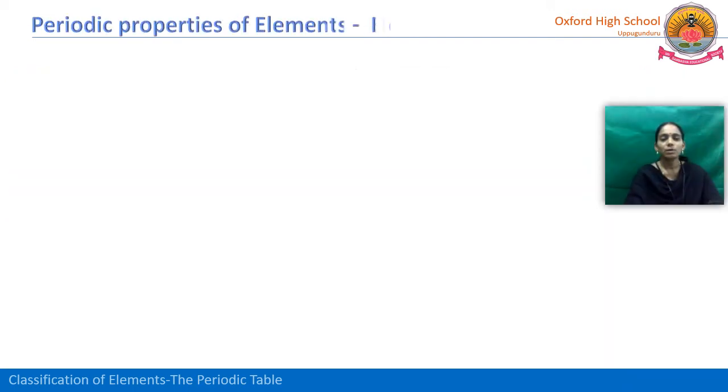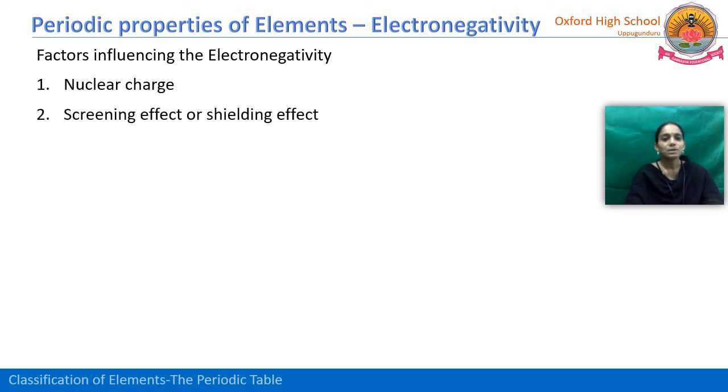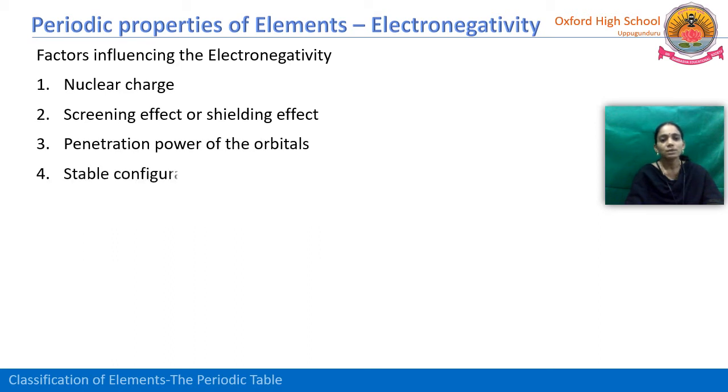Let us see what factors influence the electronegativity. We have studied that a few factors affect ionization energy and electron affinity. The same factors affect the electronegativity: nuclear charge, screening effect or shielding effect, penetration power of orbitals, stable configuration and atomic radius.